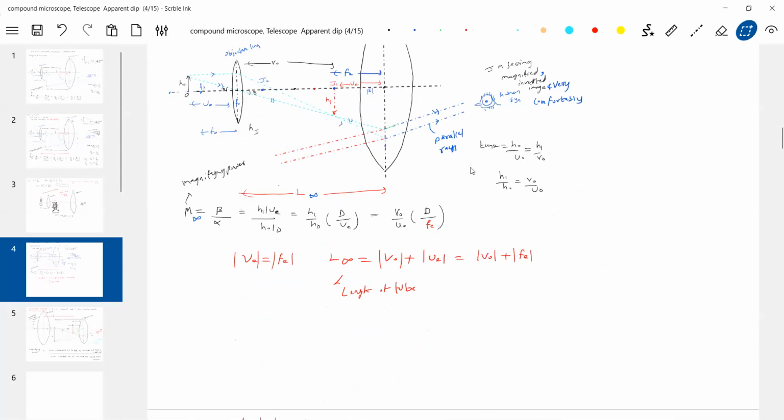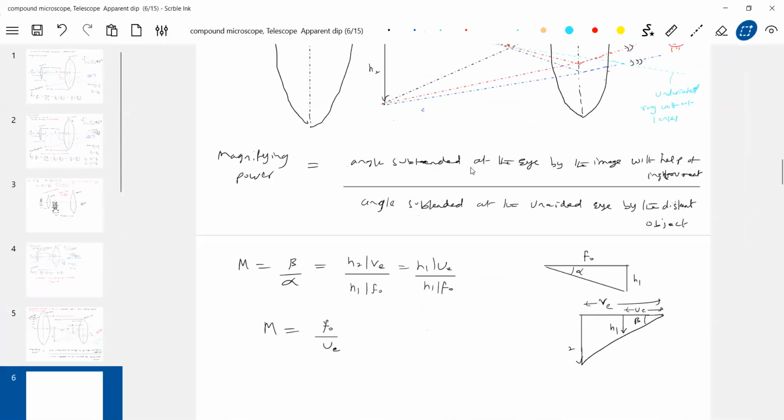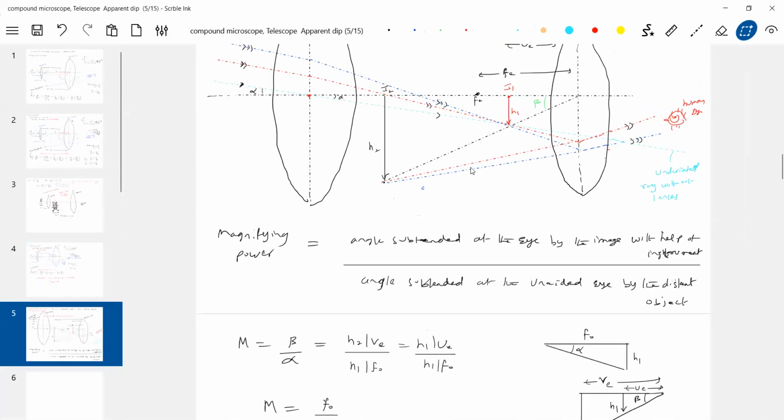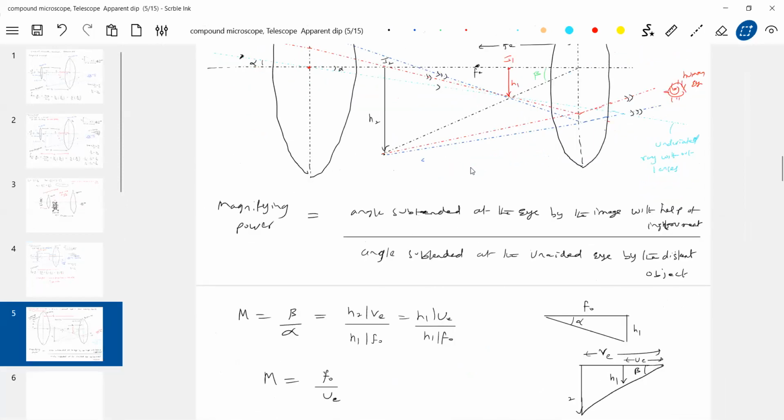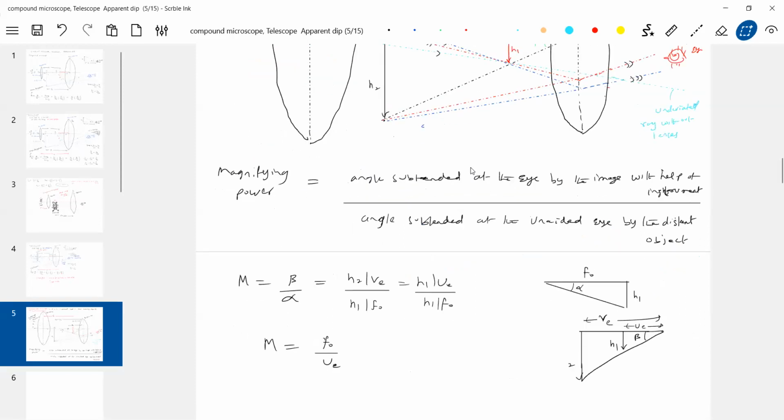I think I can show only this much. Now we'll go for if the image is at near point. Image at near point means I2 will be at 25 centimeter. Then what should I do with the UE? I should calculate the required UE value in terms of that capital D. If the image is that far away, then UE will become equal to FE.